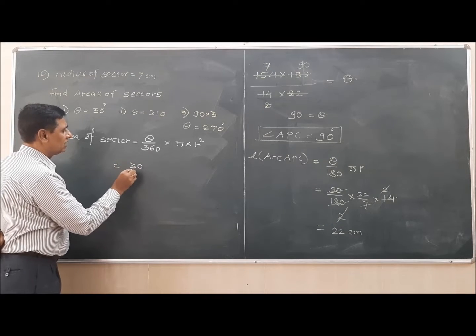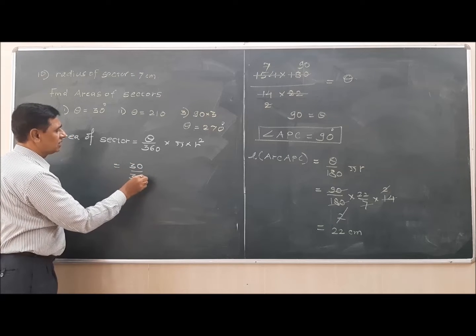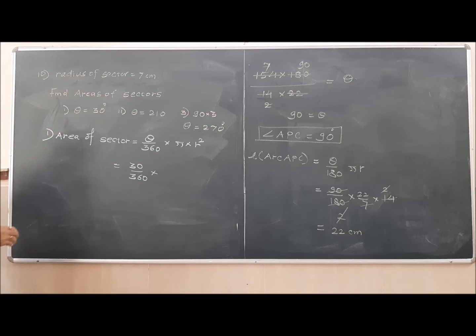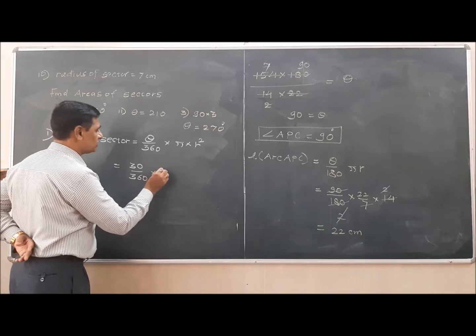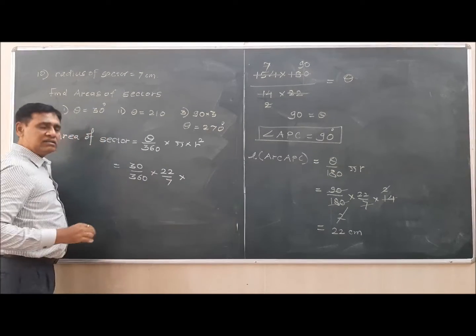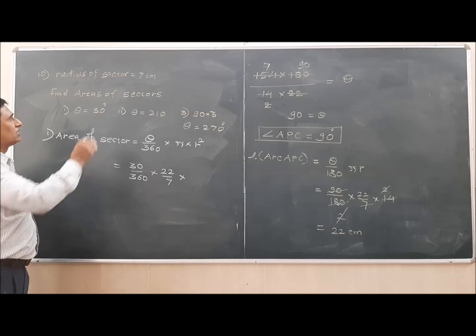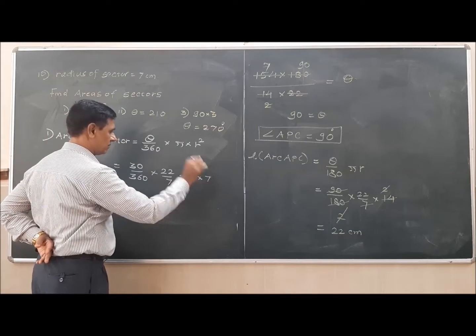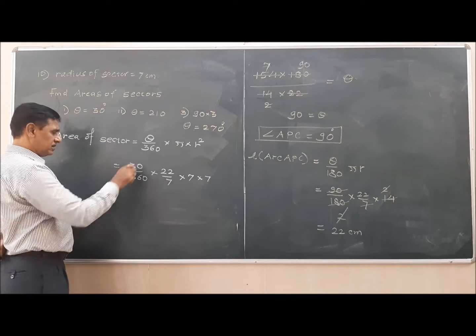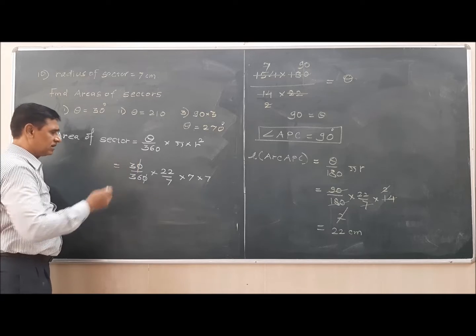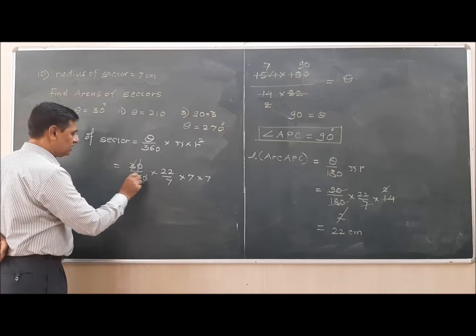So 30 upon 360. Value of pi, you can take it as 22 upon 7. Radius is constant, so you have to take radius as 7 only. So I write it as 7 into 7. Now you will find here 0, 0. We'll cancel the first 0 from the numerator here also. Then you will find 3 12s are.